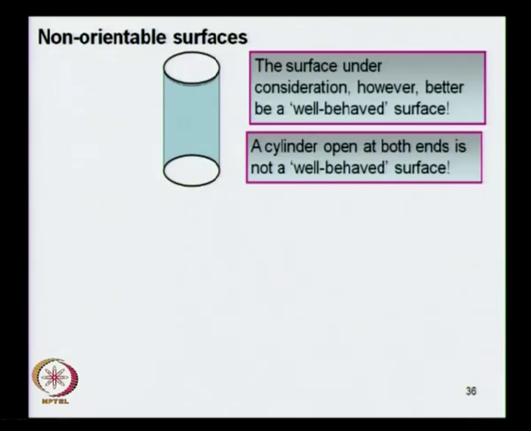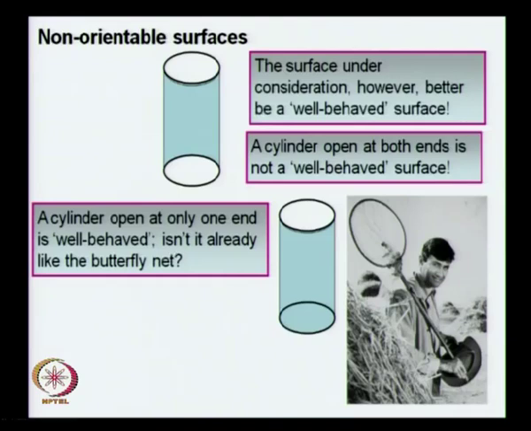This is not a well behaved surface, because you cannot pin down a unique direction to an elemental surface on the wall of the cylinder if it is bounded by two edges, because you can take the paths along these two edges so that they will generate a conflict so far as the direction of the surface element is concerned. But if it is a surface which is open only at one end, so the bottom edge is now closed and you have a top edge, there is no ambiguity with this.